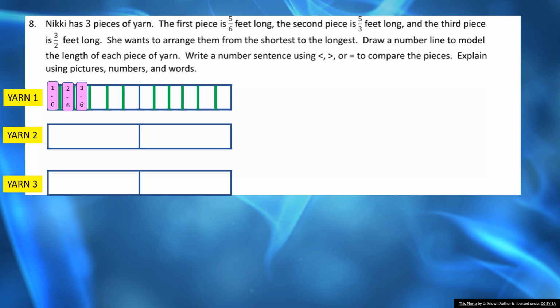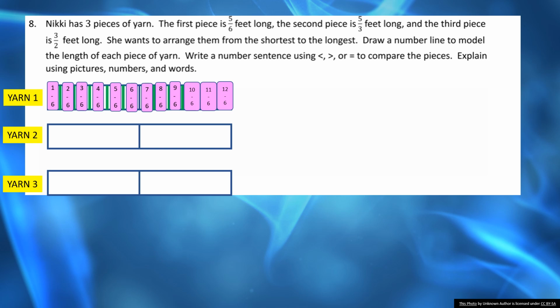3/6. Then what will be next? That's right. 4/6, 5/6, 6/6, 7/6, 8/6, 9/6, 10/6, 11/6, 12/6.